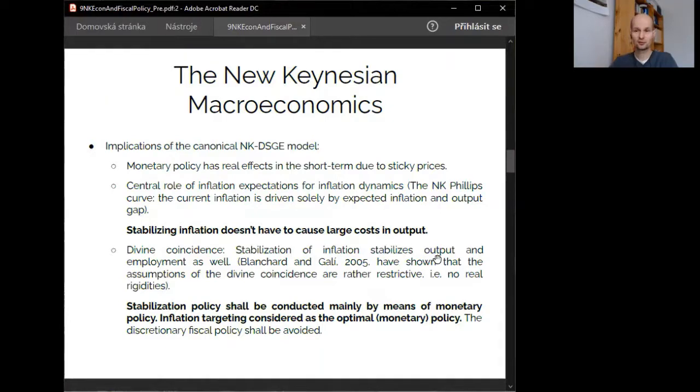Anyway, the implications of those models are the following. First, monetary policy now has real effects in the short term due to sticky prices. The central role in the model have inflation expectations via the new Keynesian Phillips curve, so that current inflation is driven either solely or mainly via expected inflation and the current output gap.